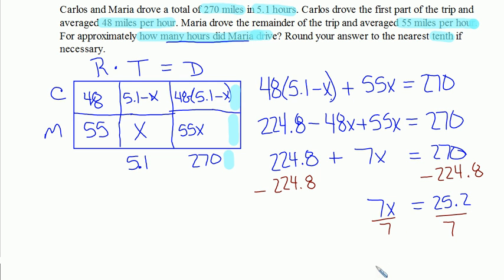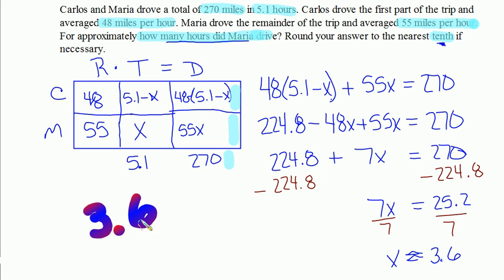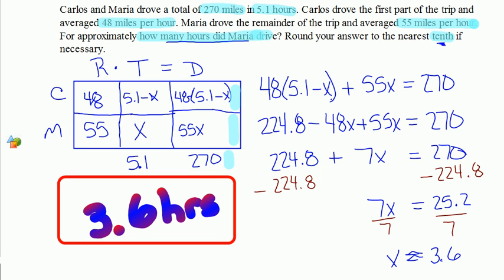The result is x is equal to 25.2 divided by 7, rounded to the nearest tenth, as we were asked to in the directions, is approximately 3.6. So our final answer here is 3.6 hours. And we're done.